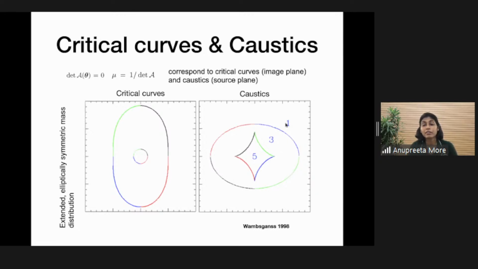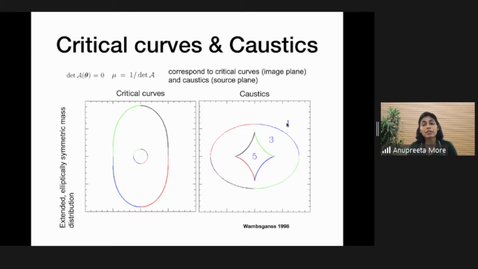There are some interesting things to note here, marked by 1, 3 and 5. This represents the multiplicity of the lensed images. For reference, the lens center is at the center of this image. Suppose the source is sufficiently far away, outside these contours, then you will see the source having a single lensed image, and that's what we mean by 1.